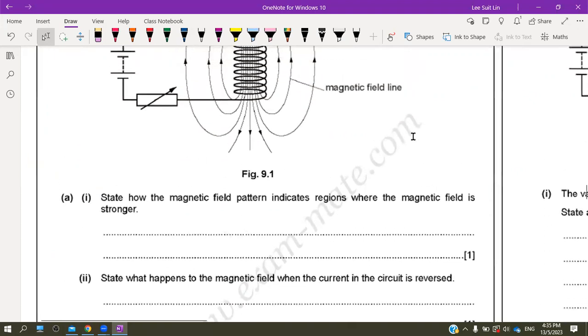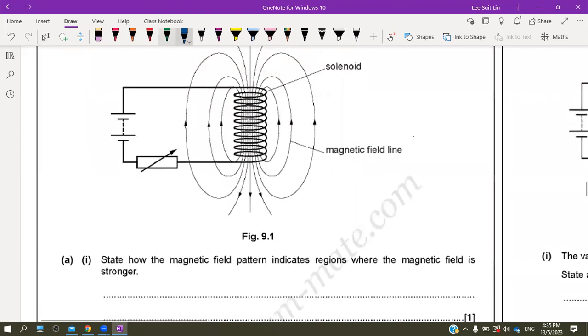Generally speaking, we know that the magnetic field will be the strongest when the lines are the closest. So you see here, when the lines are very close, this is where the field is stronger. And when the lines are far apart, let's say here, the field is weaker.